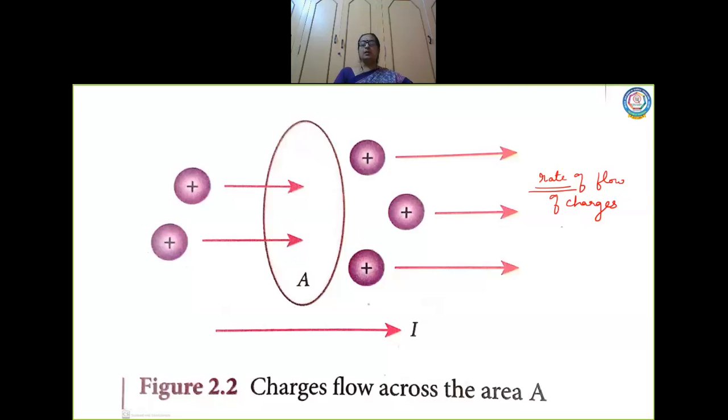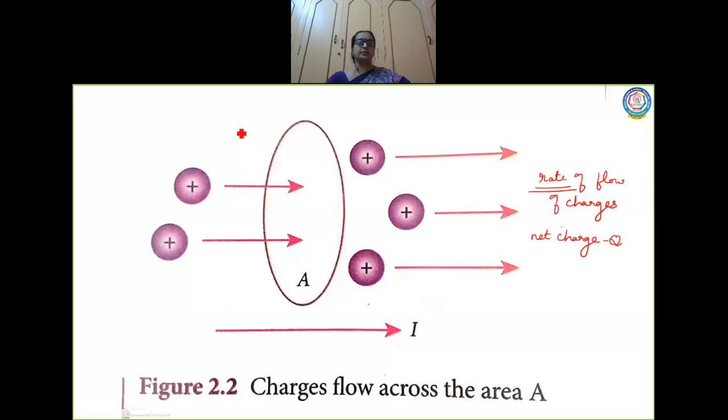Now I'm going to give a formula for electric current. Let us consider that there is a net charge Q flowing through any cross-section area of a conductor in time t. Why we take time t here is because time plays a major role. Suppose this area is a bit larger, and suppose there are smaller areas also.